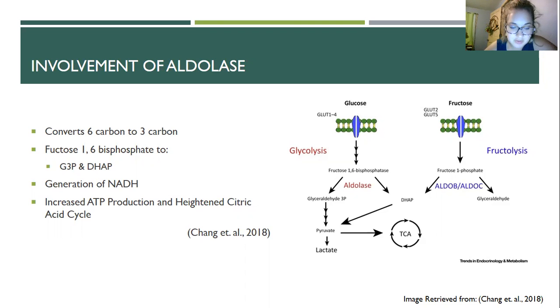So through this reaction, it increases ATP production, and the citric acid cycle increases. And this is because of the pyruvate that is formed from the glucose carbons that come into the mitochondria.